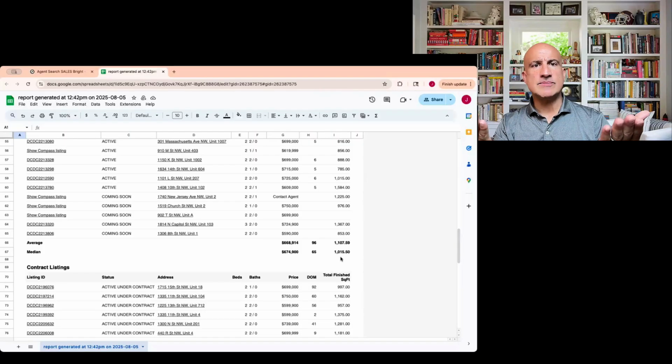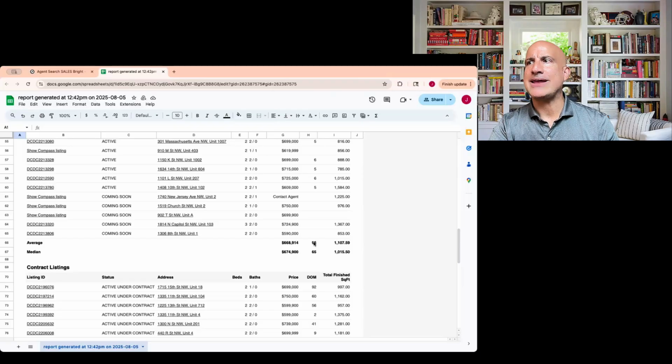So, overarching analysis here: I've got 87 homes on the market, 26 of which are under contract or have recently sold. That's a success rate of 29.9%. Not terrible, but not what I would consider healthy.